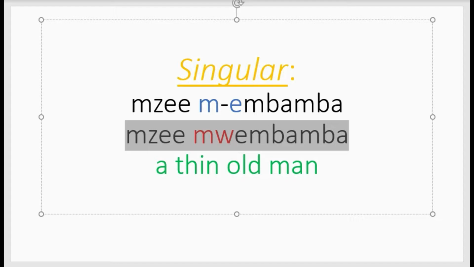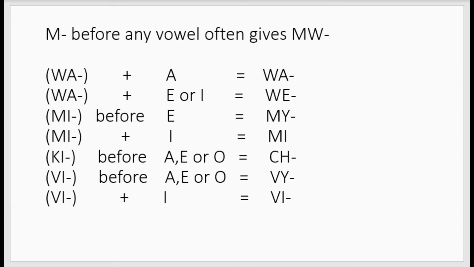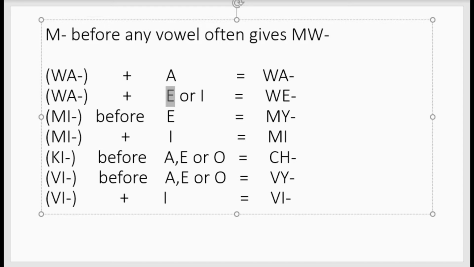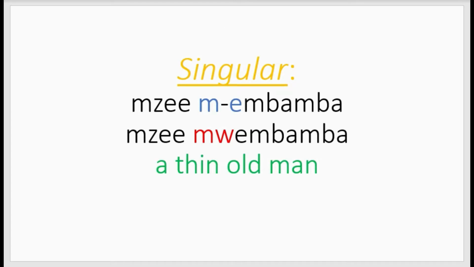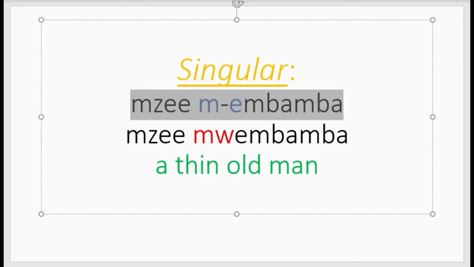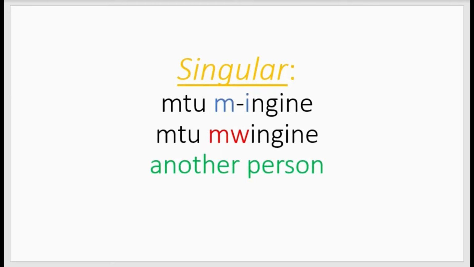Remember that the m before any vowel often gives mw. So mzee mwembamba means a thin old man.